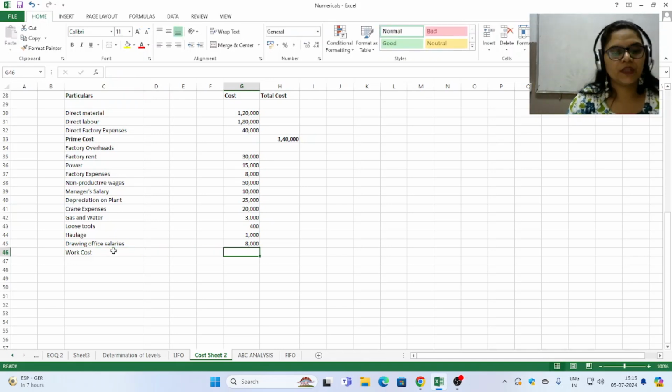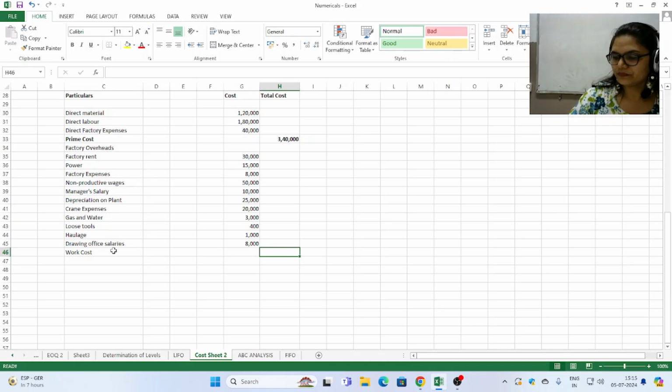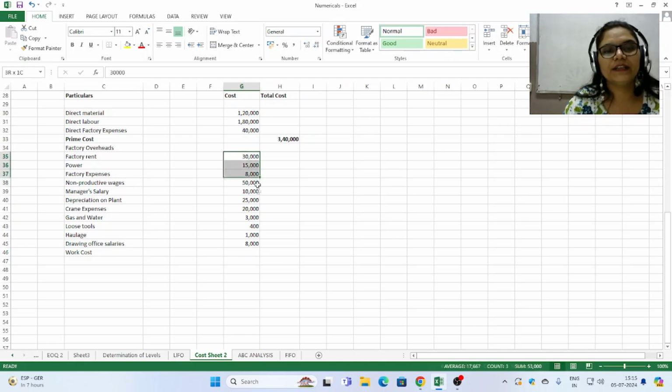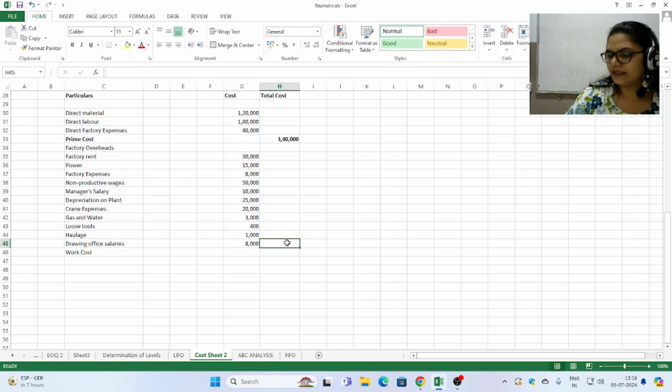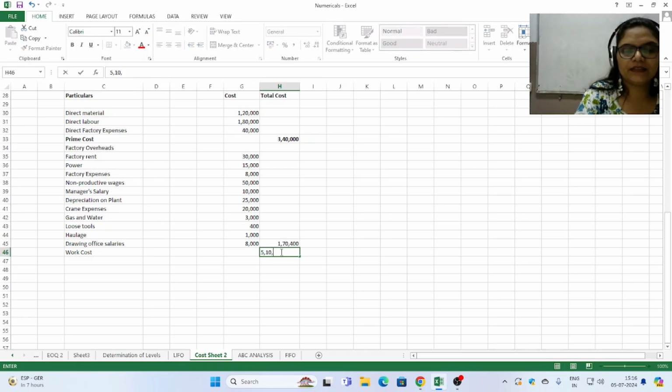After adding this figure, we will get a figure of 1,70,400, and after that 5,10,400.